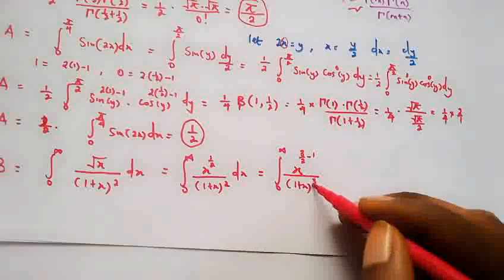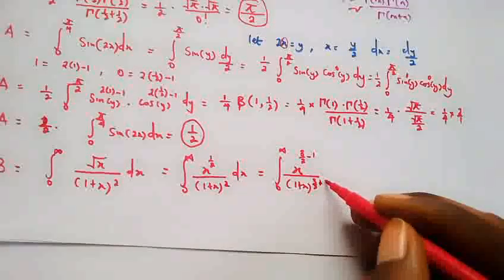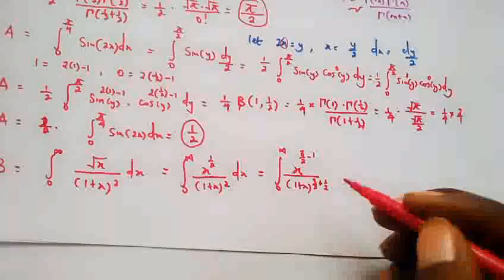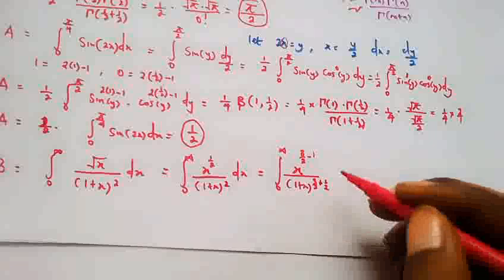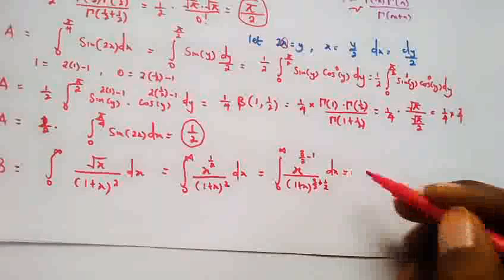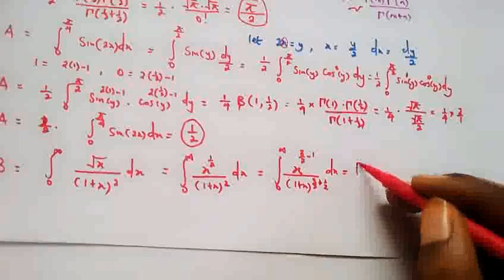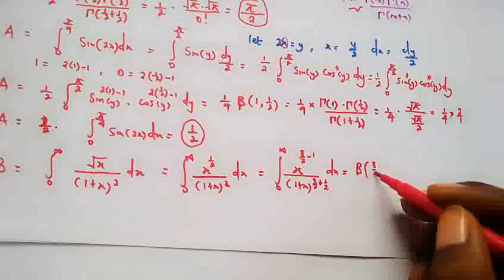So let's say 3 over 2 plus 1 over 2, dx, and we're taking the beta function from here, so we have the beta of 3 over 2 and 1 over 2.